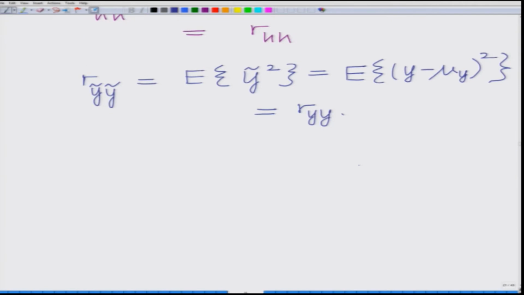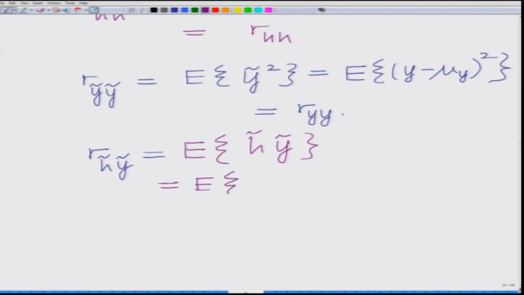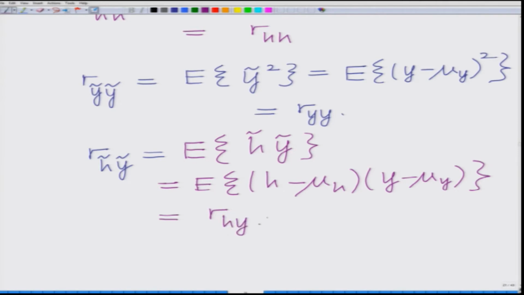The other thing we need is the covariance, that is r of h tilde comma y tilde, which is the expected value of h tilde into y tilde, which equals the expected value of h minus mu h into y minus mu y, which equals again the covariance of h comma y, which is r h comma y.